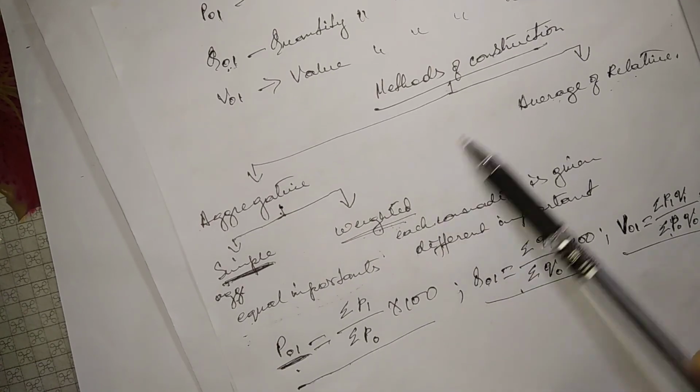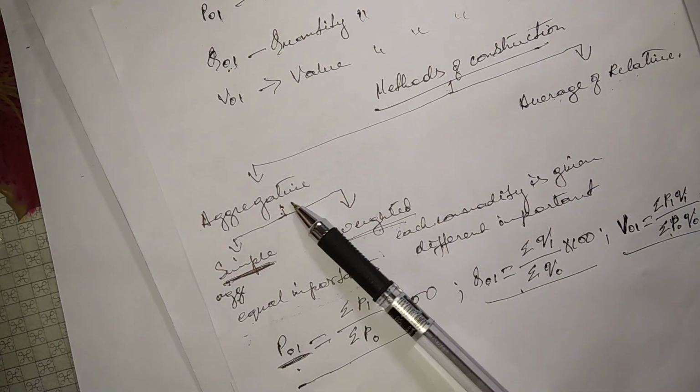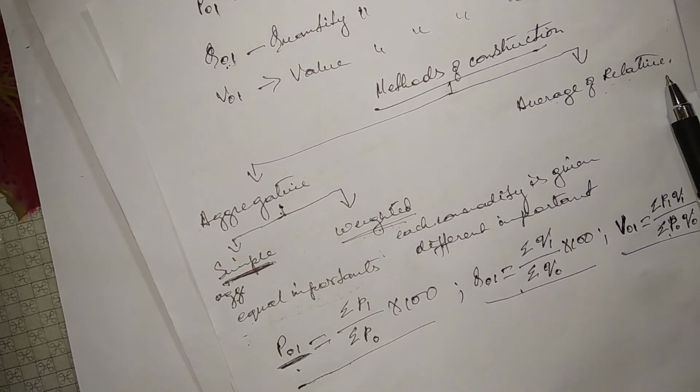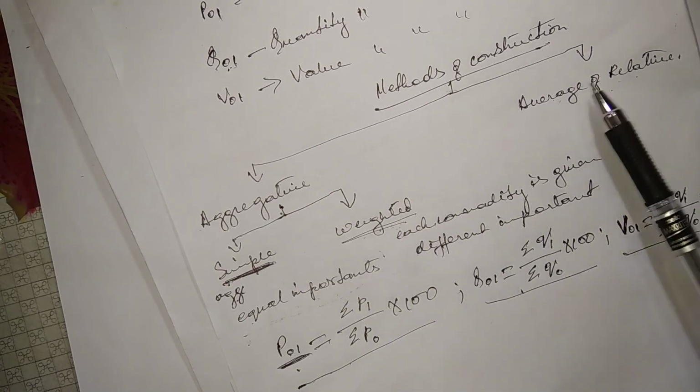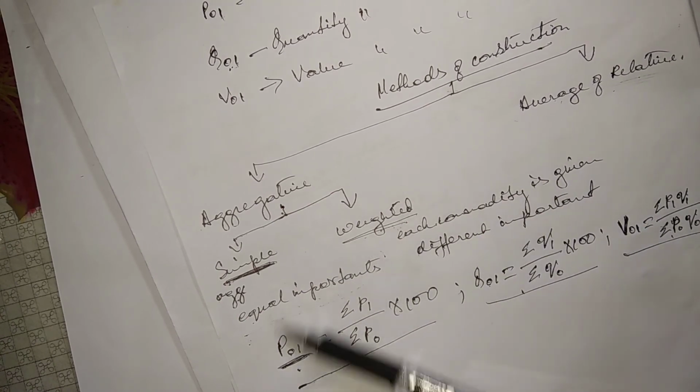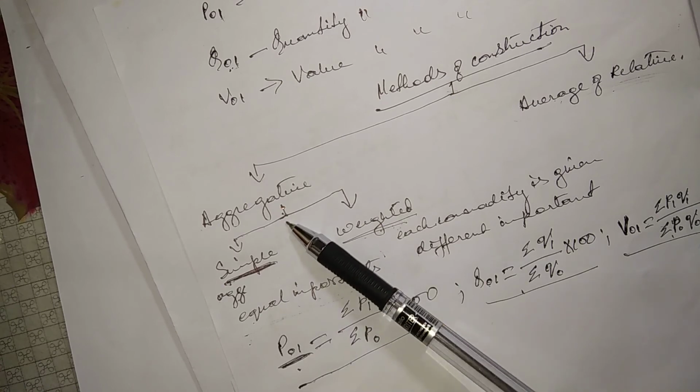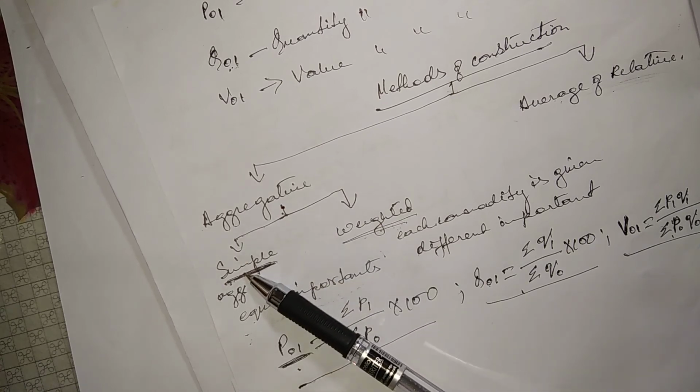For the method of construction of index number, we have the aggregative method and the average of relative method. This we will do later on. Under the aggregative method, we have simple and weighted.